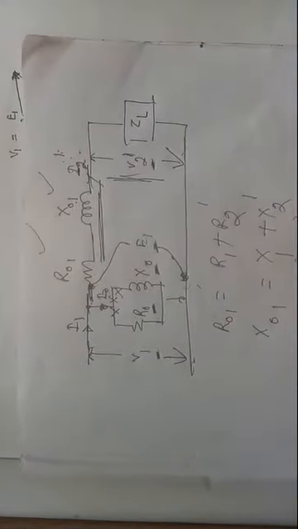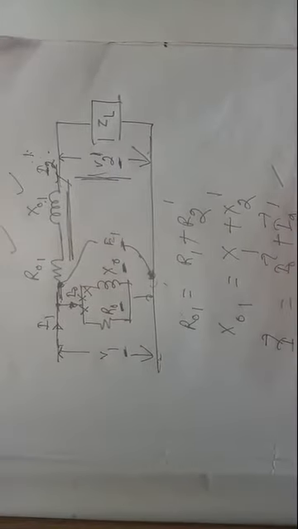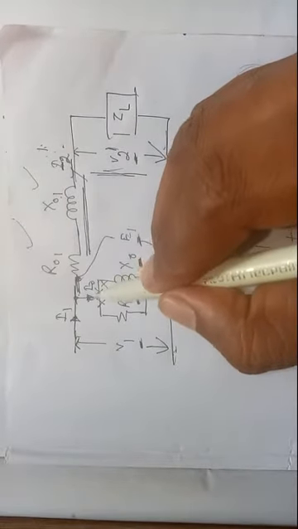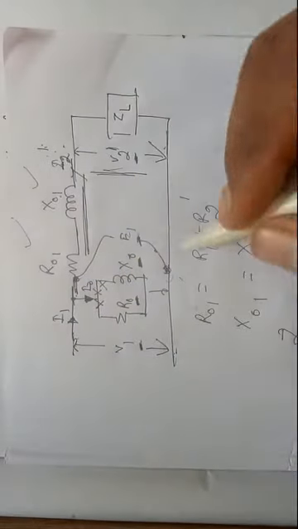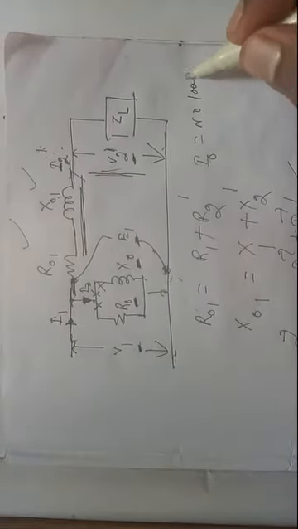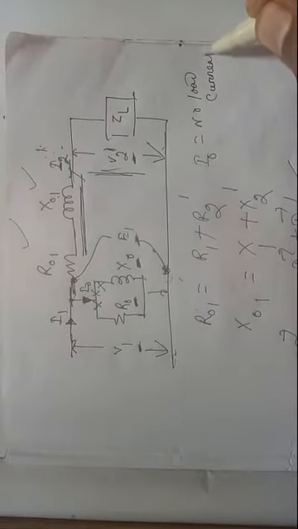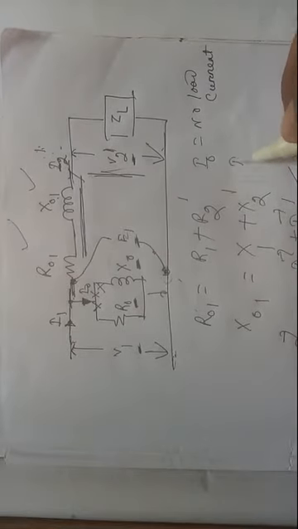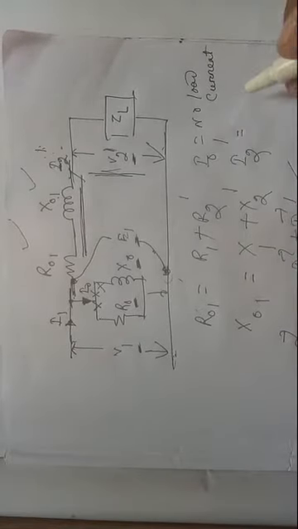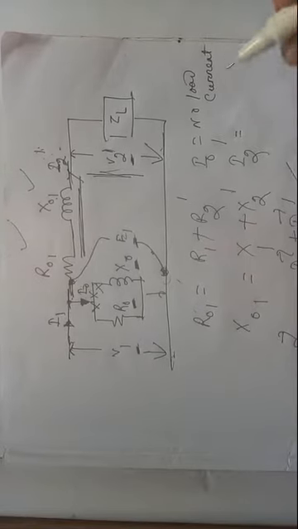Okay, so in this circuit, what is the current equation? See, this is the primary current I1, which is equal to the sum of the no load current I0 and I2 dash, your secondary current shifted to primary.